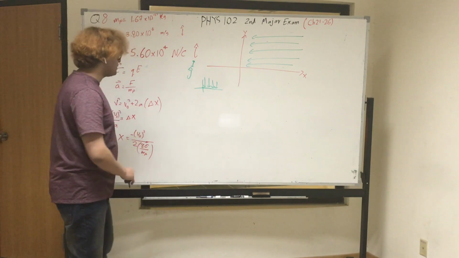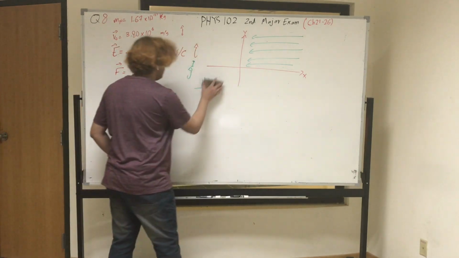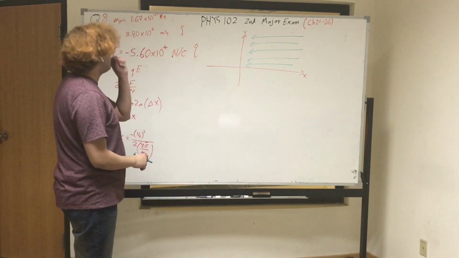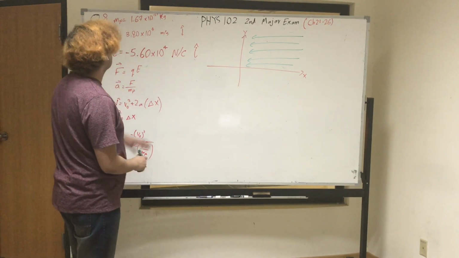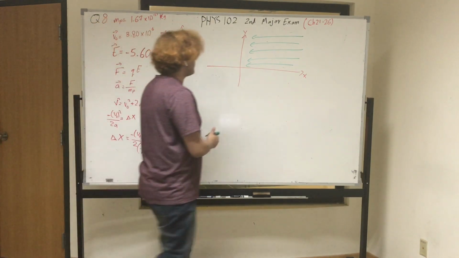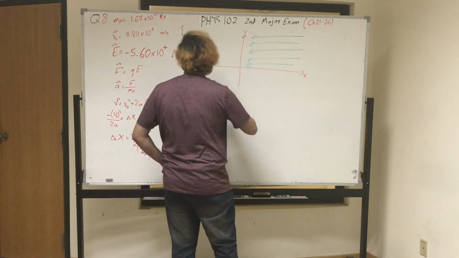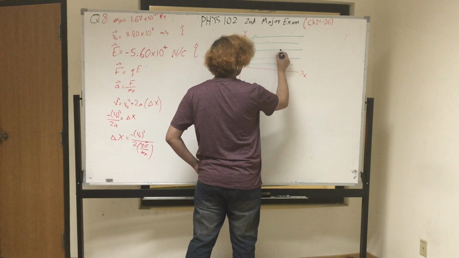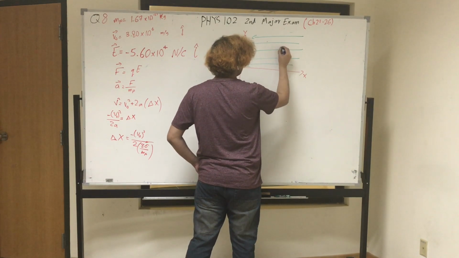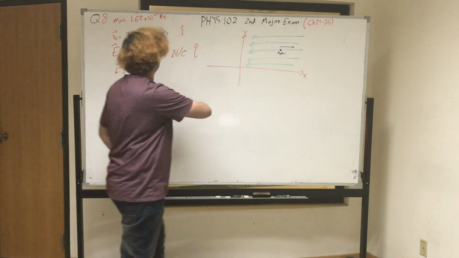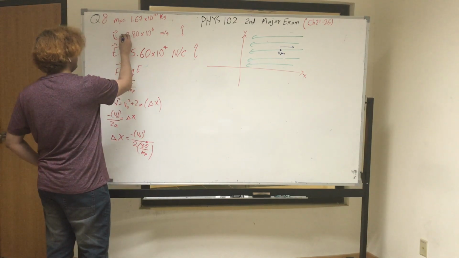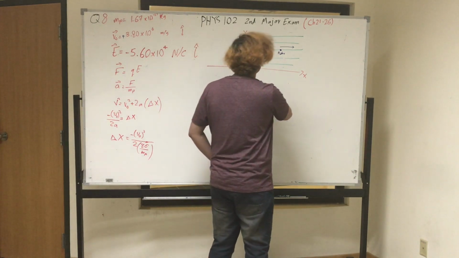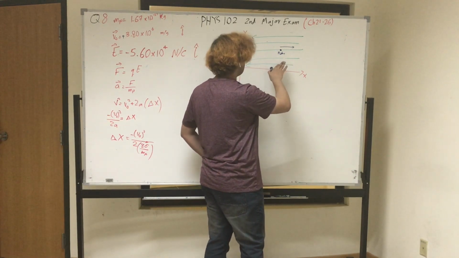So this is very important to understand. We have a proton that is moving with a velocity. Let's say that this is our proton. This proton is moving with a velocity in the positive x direction, because we have a positive sign in here, and it's in the i direction.